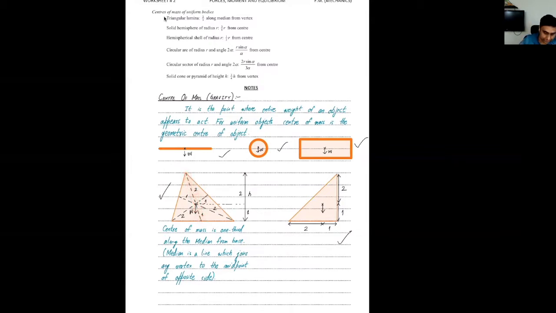You could take this vertex and the midpoint, this vertex and the midpoint, and then draw a line and divide that into 2/3 and you would get the point.